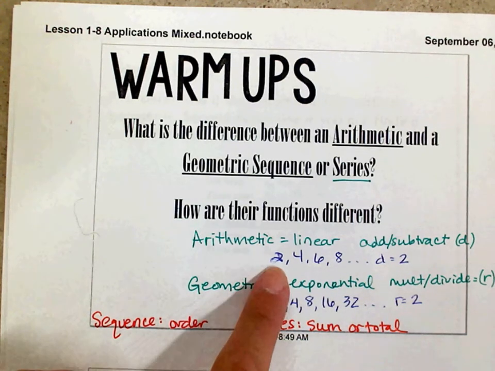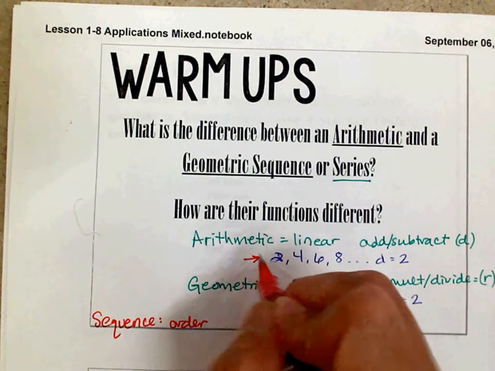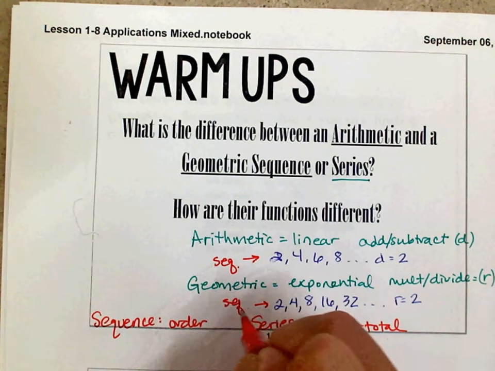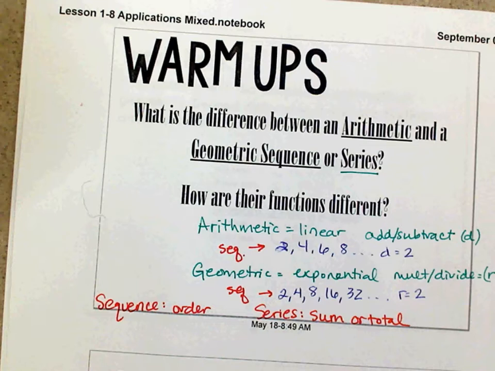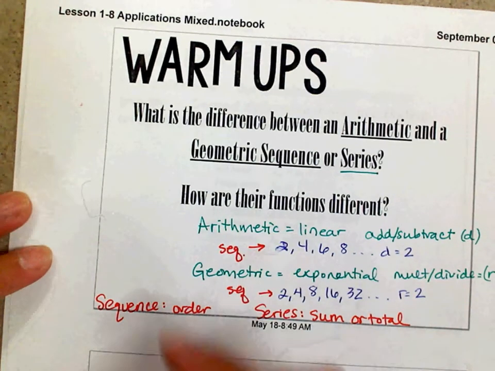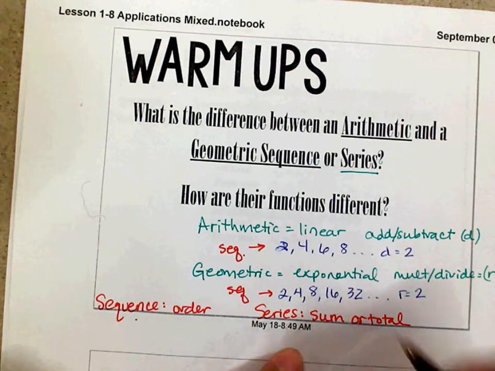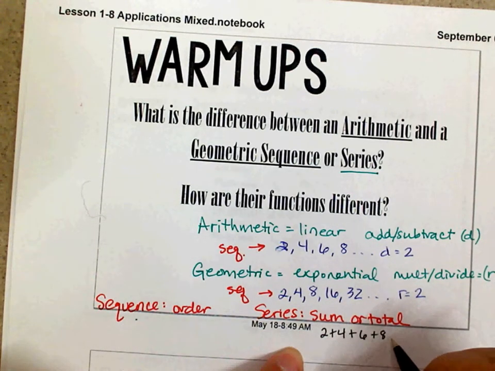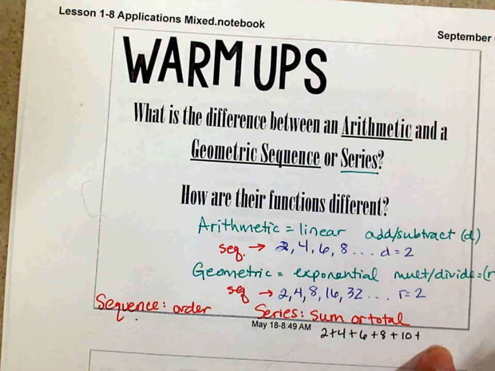So if you look right here, this is a sequence. This is also a sequence. But if you add every one of these together, your arithmetic, it would be 2 plus 4 plus 6 plus 8, and you have an ending and so forth. See how you're adding all those together?